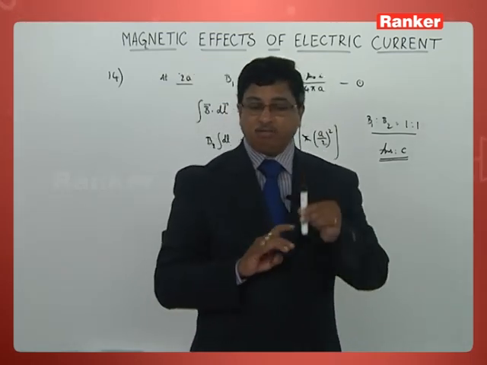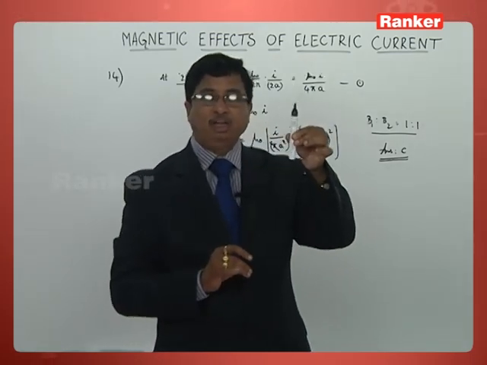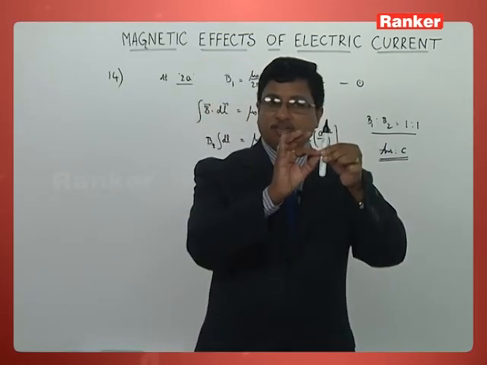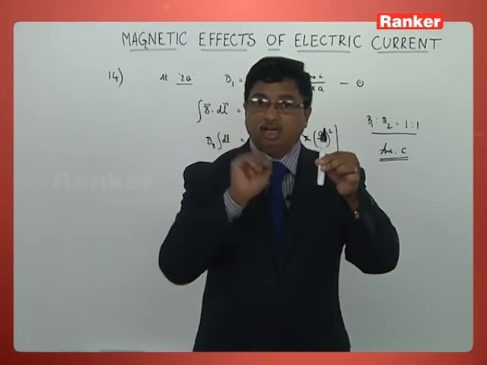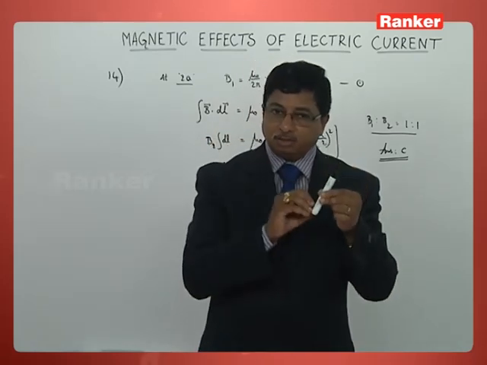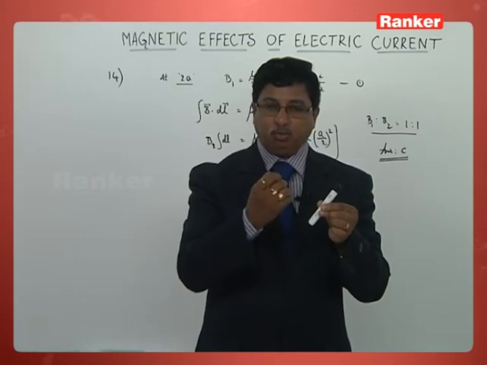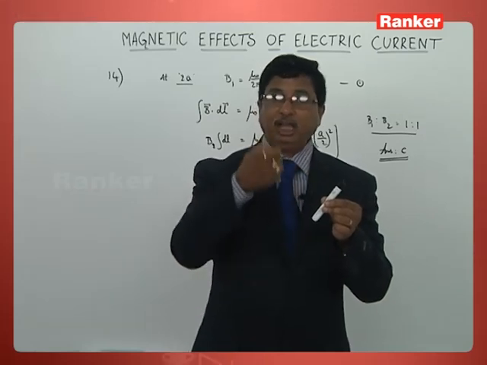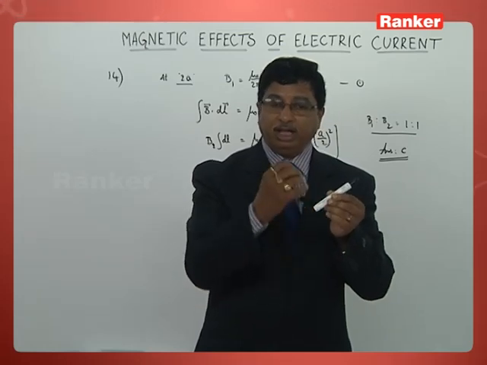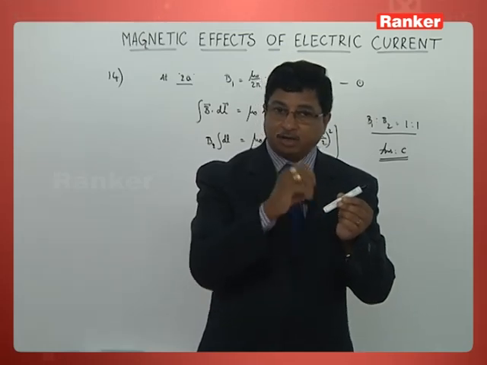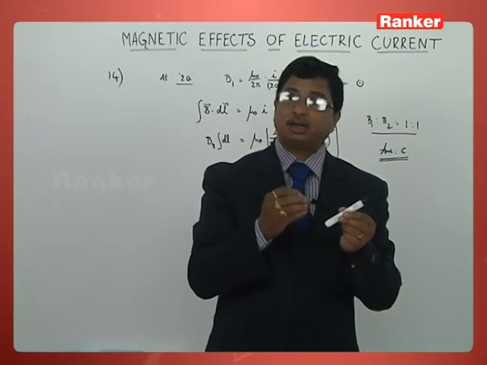Generally, whenever we consider a straight conductor, distances are taken outside the conductor only. But in this particular model, he has taken one point at a distance of a by 2, where a is the actual radius of cross section of that wire or conductor.